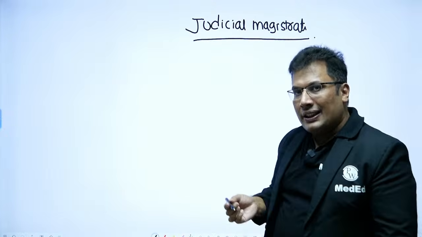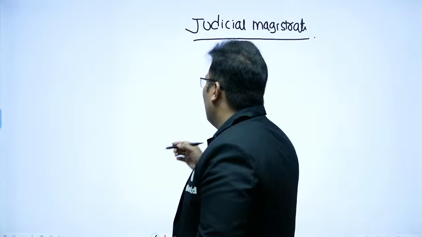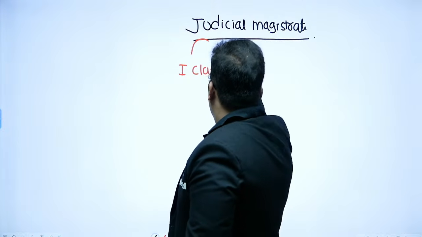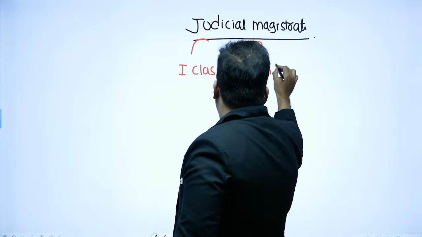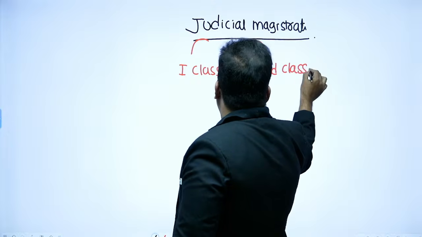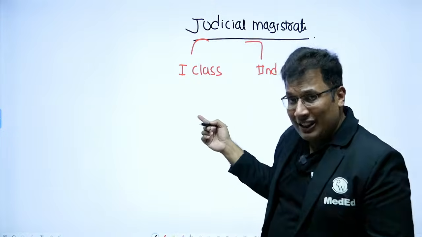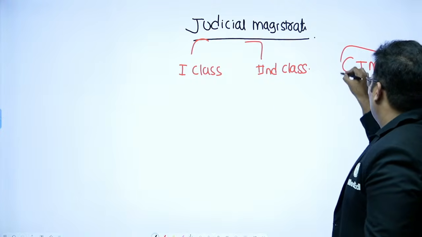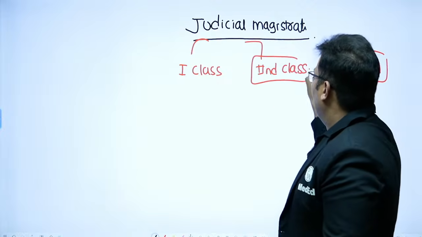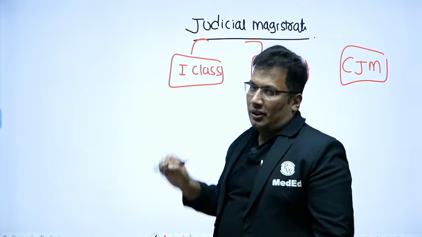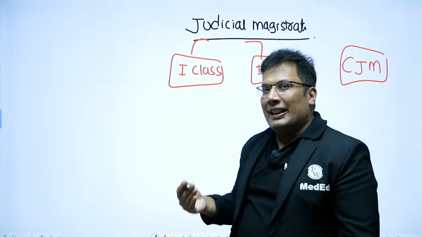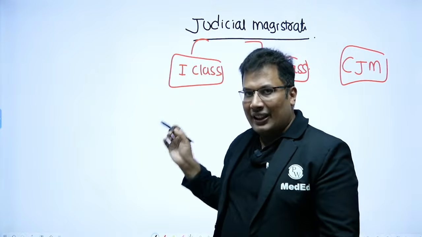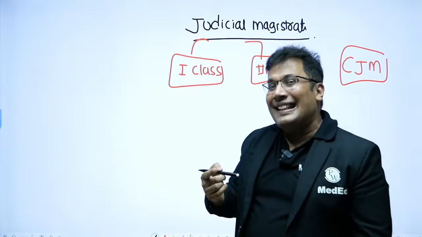So JM, judicial magistrate. You can start with the first class, second class. We can tell about the power of the first class magistrate and also the CJM court. Basically, session courts are district courts. Magistrate courts are classified into first class magistrate, second class magistrate and the CJM court.